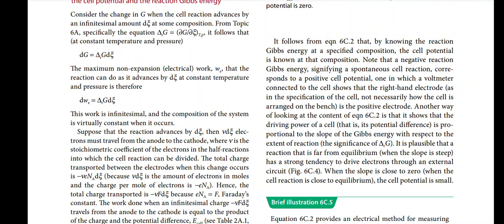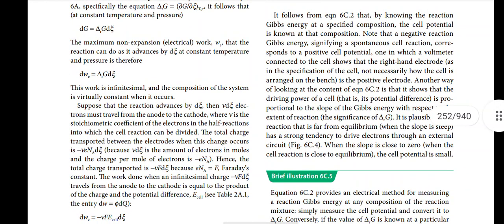Suppose that the reaction advances by d xi, then nu d xi electrons must travel from the anode to the cathode, where nu is the stoichiometric coefficient of the electrons in the half reactions into which the cell reaction can be divided. The total charge transported between the electrodes when this change occurs is minus nu e N_A d xi, and because e N_A is equal to F, Faraday's constant, the total charge transported is minus nu F d xi.